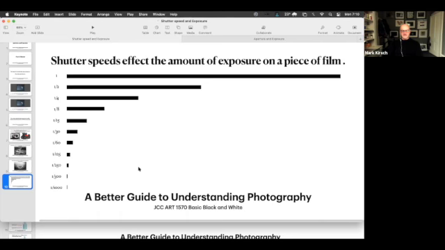So that's what shutter speed does. It affects how much light hits the film, but it controls our perception of motion, how we perceive the motion that's being portrayed in the scene.